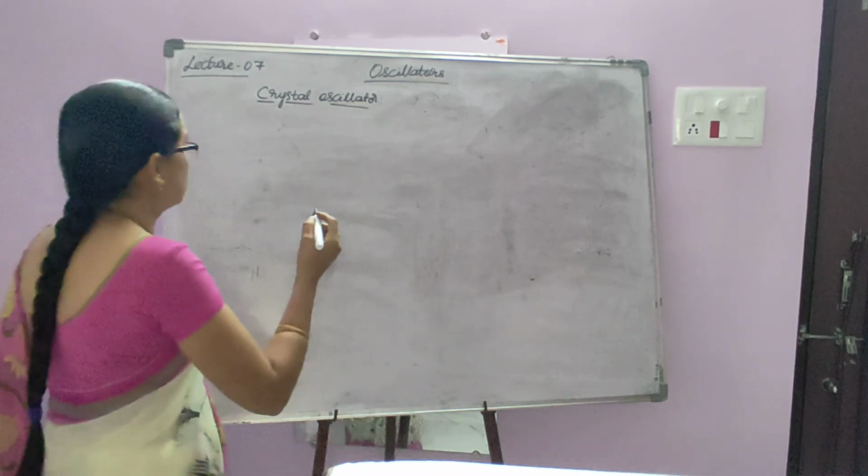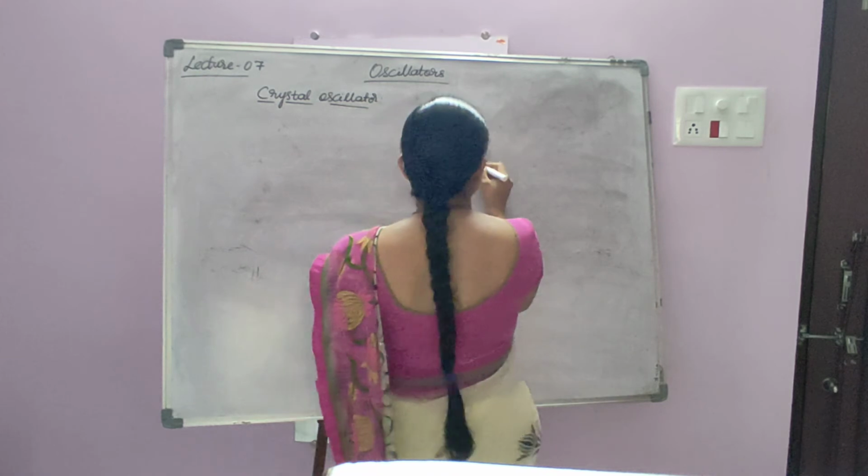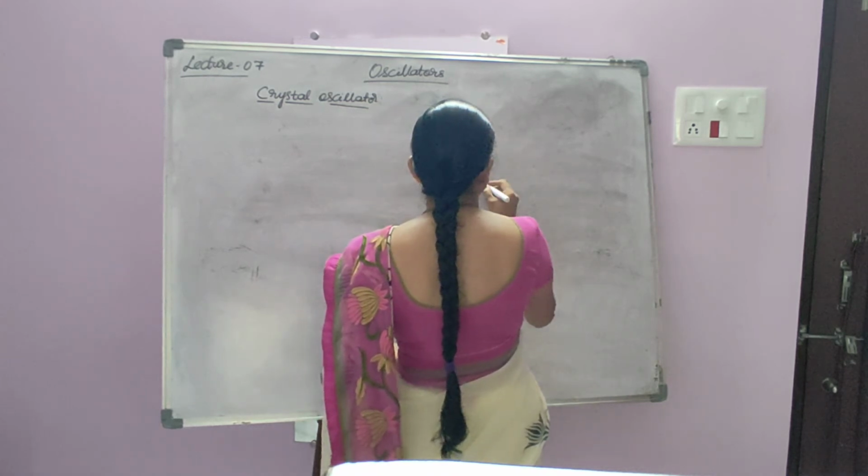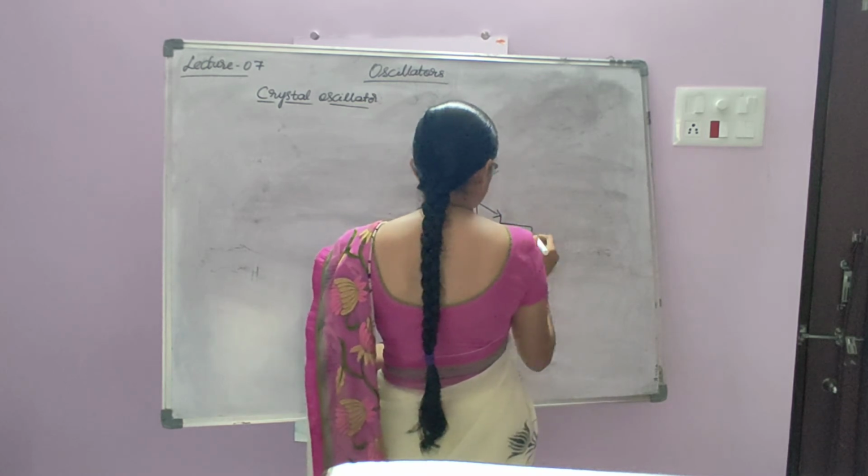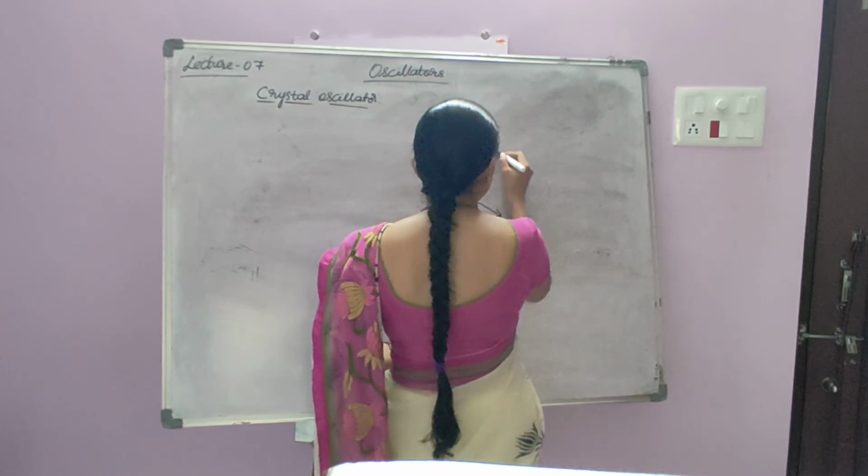Circuit diagram of the crystal oscillator circuit. Here a CE amplifier circuit is used. So you can easily draw the circuit diagram.